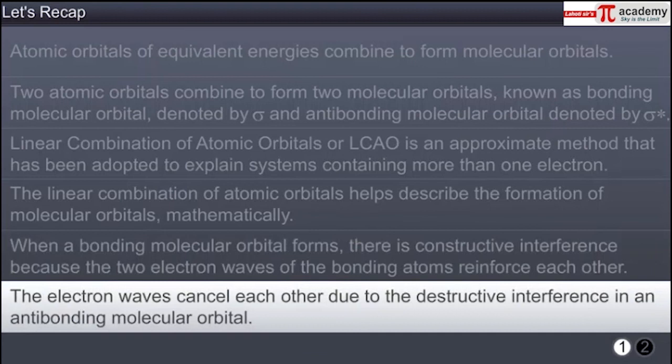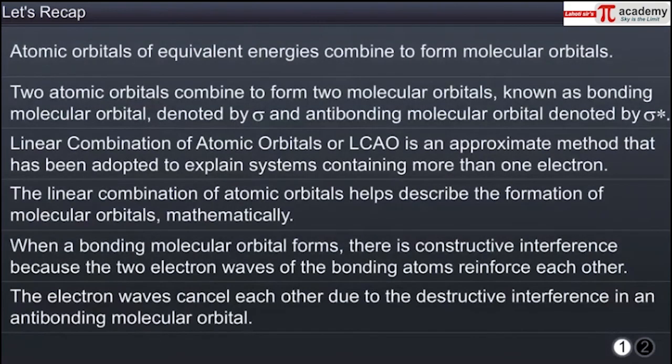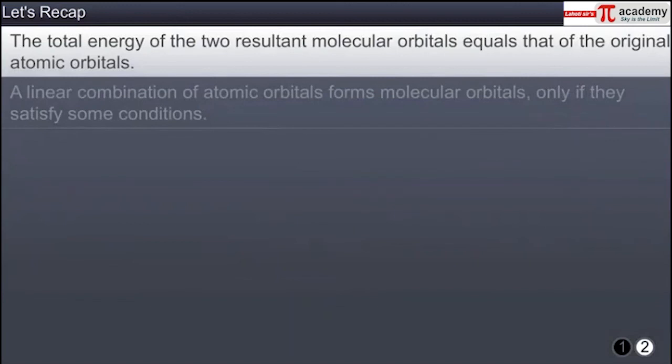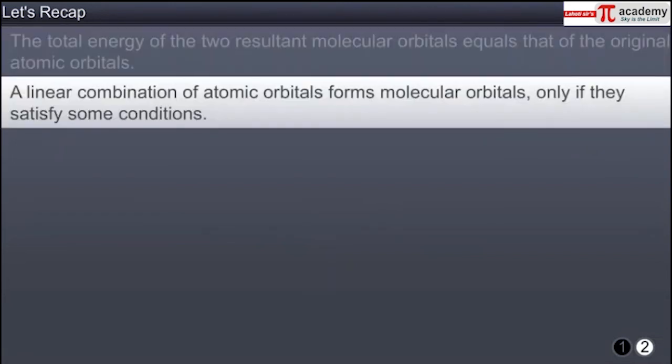The electron waves cancel each other due to the destructive interference in an antibonding molecular orbital. The total energy of the two resultant molecular orbitals equals that of the original atomic orbitals. A linear combination of atomic orbitals forms molecular orbitals only if they satisfy some conditions.